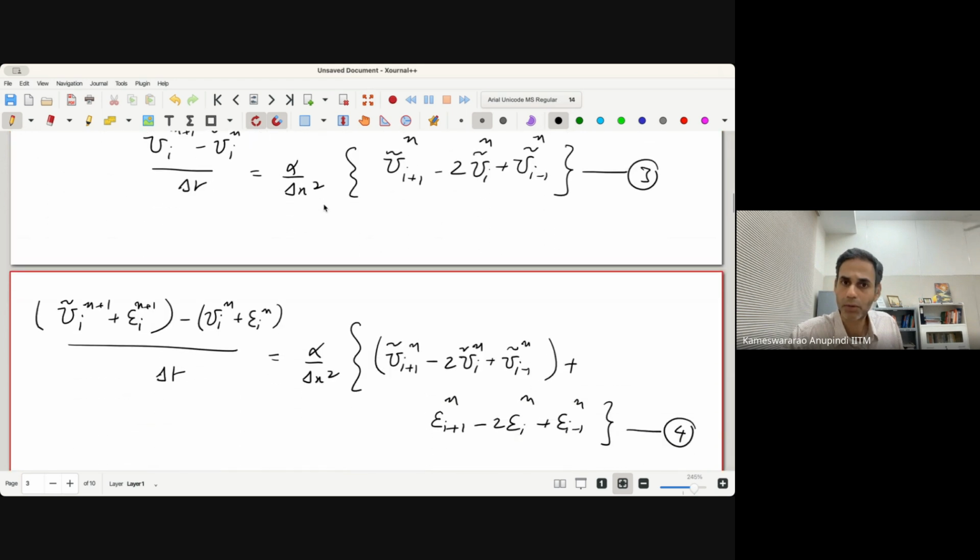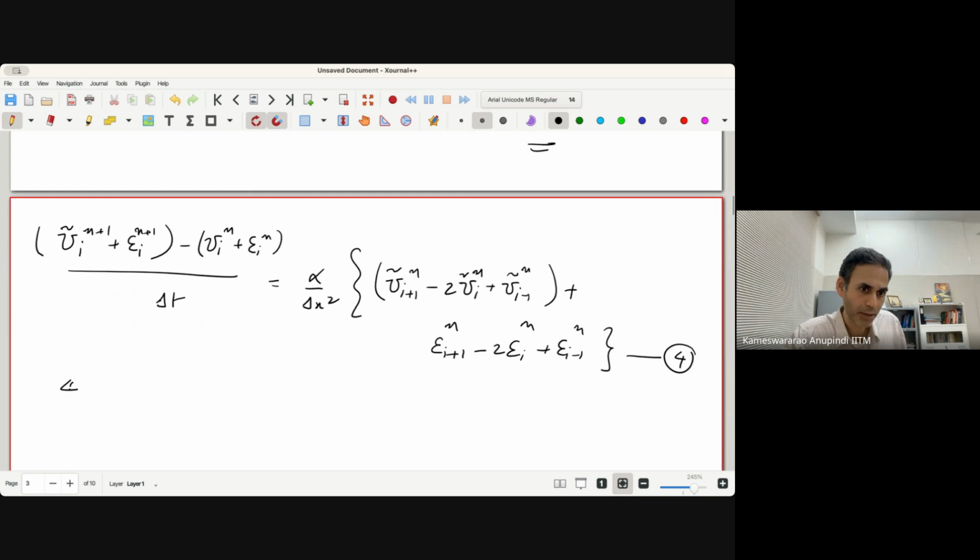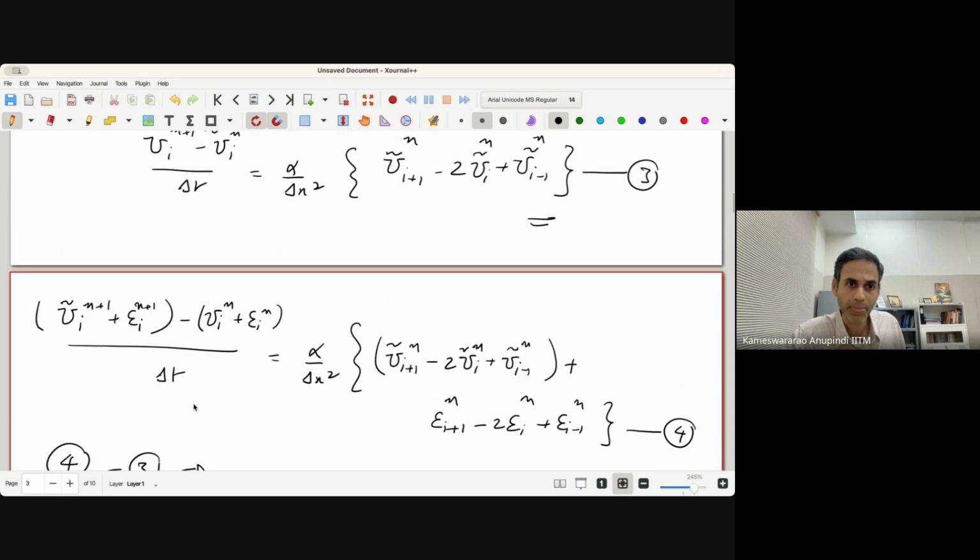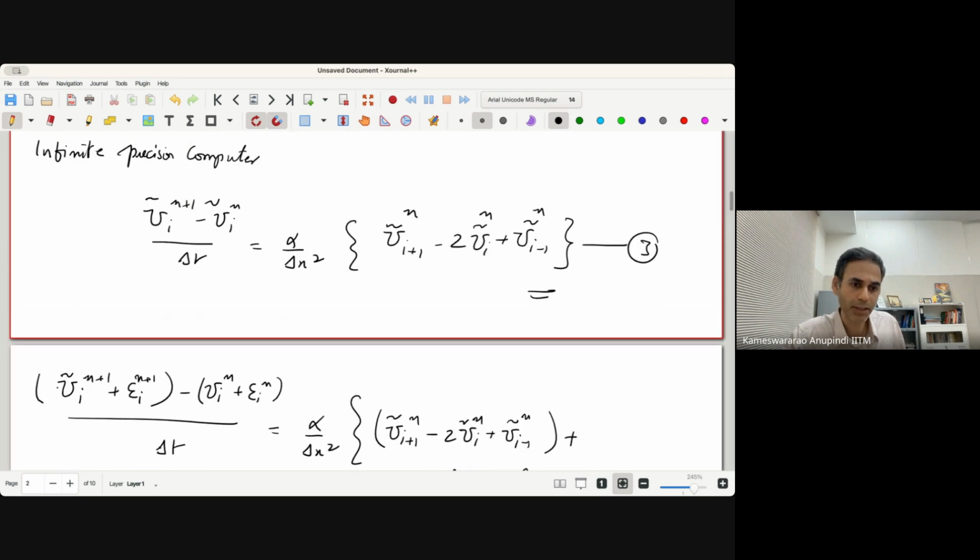Now I have equation 3 and equation 4. Let me subtract equation 3 from equation 4. If I do that, what would I get? Essentially 4 minus 3. On the left hand side you have u I tilde n plus 1, and minus u I n minus u n, so essentially all the u I terms in equation 3 get cancelled.